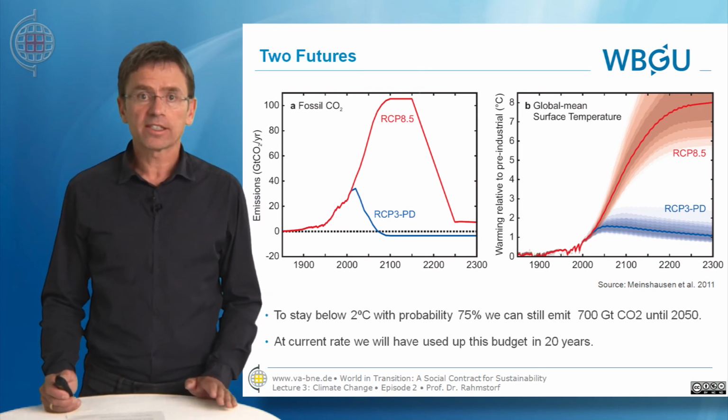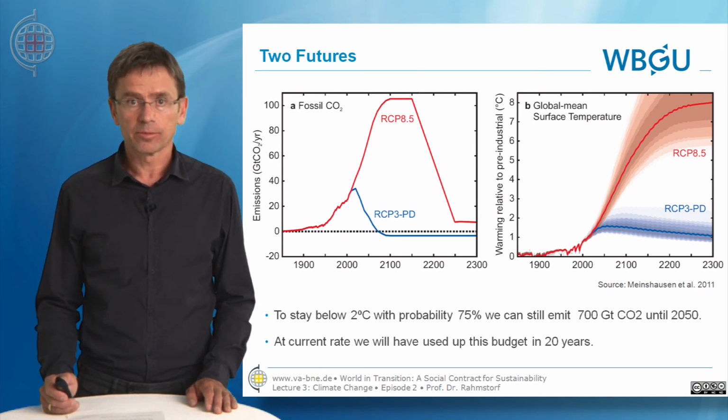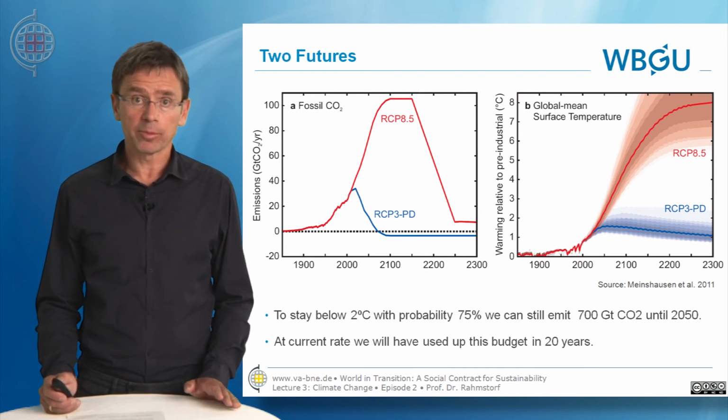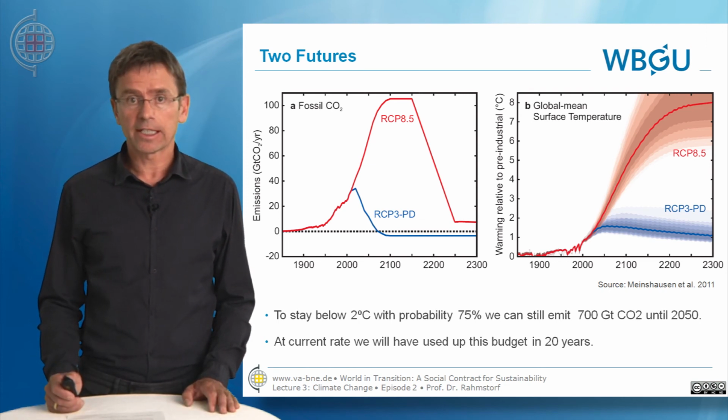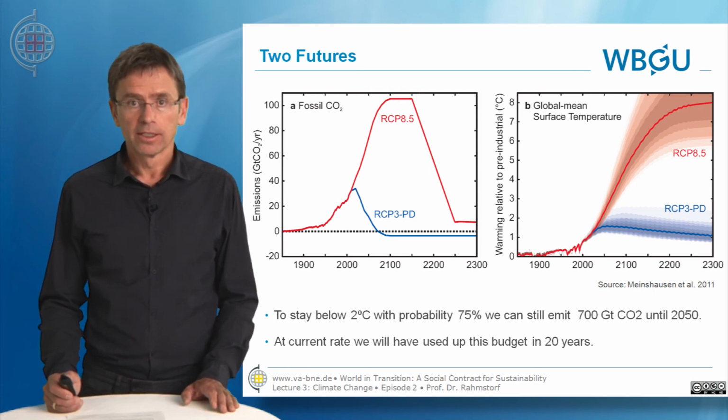There is no safe annual level of emissions where we say, okay, in the future we can forever emit 3 gigatons per year or so, and this will be safe. The only safe limit in the long run is 0 emissions. In fact, this blue scenario even has slightly negative emissions, assuming that we manage to soak up a certain amount of CO2 from the atmosphere.